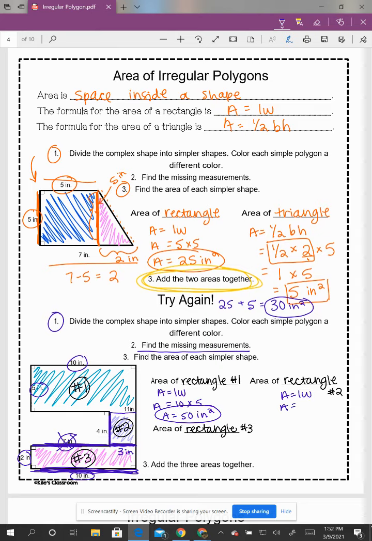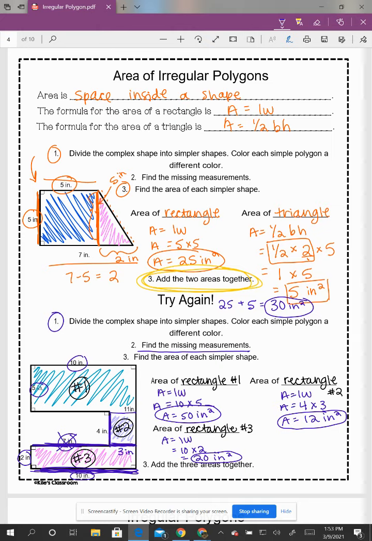Plug in my 4 and my 3. Area equals 12 inches squared. I'm almost done. I have one more rectangle. Number 3 tells me that I'm going to take my 10 times my 2. This is going to give 20 inches squared.